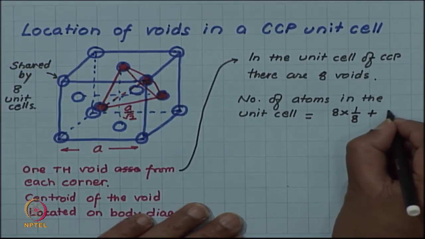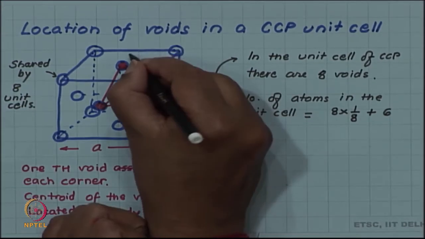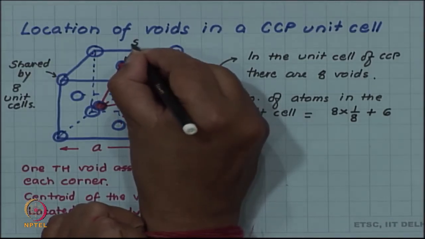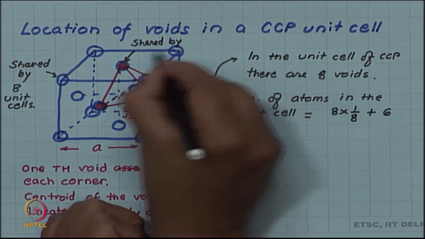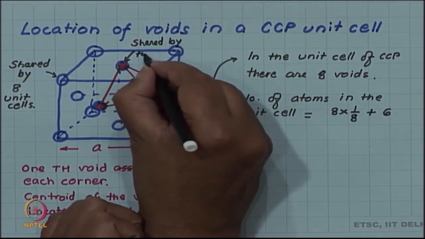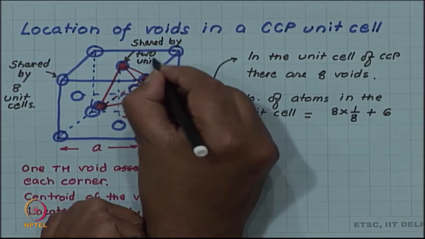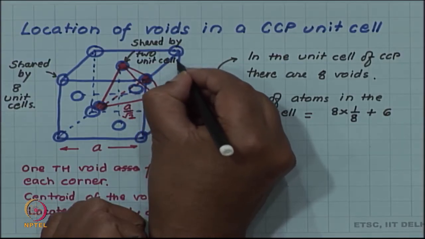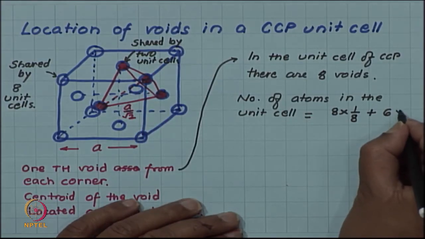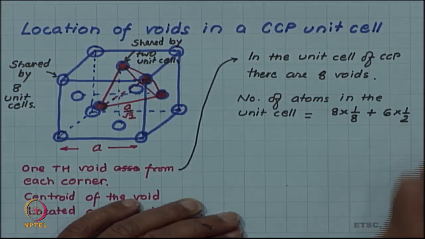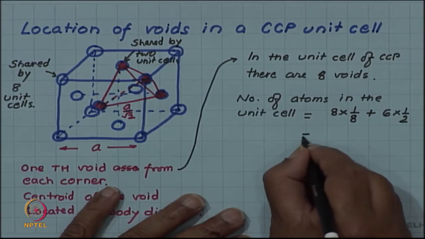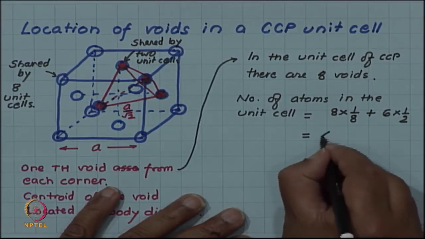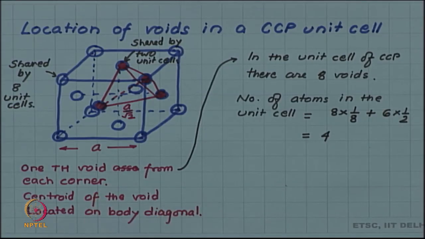And there are 6 face centered atoms, and they are shared by 2 unit cells. So, effectively half of that belongs to each unit cell. So, we get 4 atoms per cell.